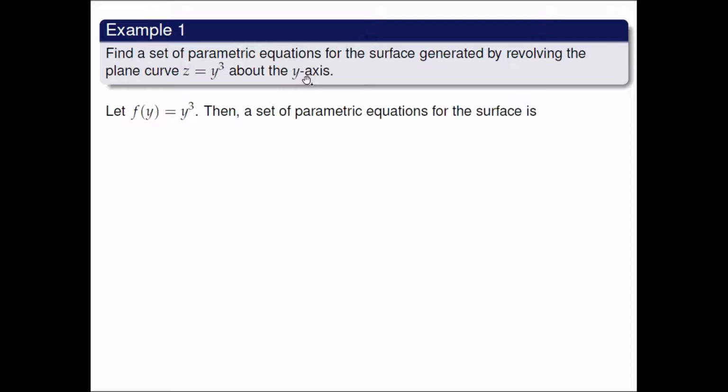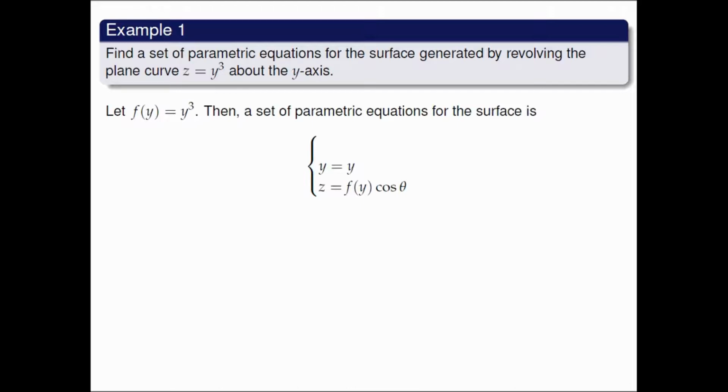So a set of parametric equations will be, since we are revolving about the y-axis, y equals y. Since the equation of the plane curve is of the form z equals f of y, one of the parametric equations will be z equals f of y cosine theta.